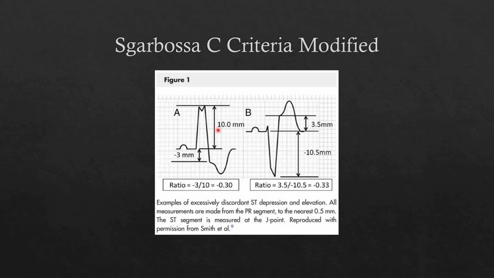So yes, the ST segment can go with the T wave, but there's a limit, and that limit is 25% the size of the QRS. If I have a 10 millimeter tall QRS and I have 3 millimeters of ST depression, that's 30%. That ratio is deemed excessively discordant and is concerning.